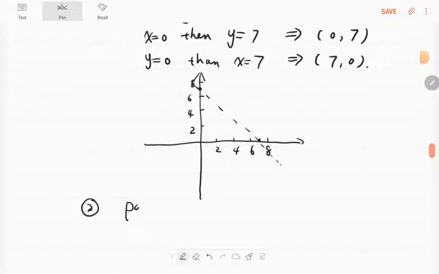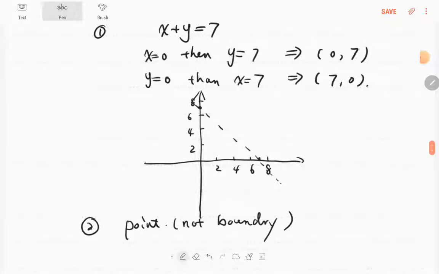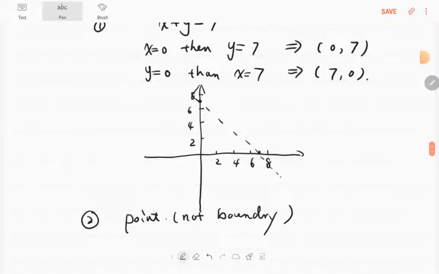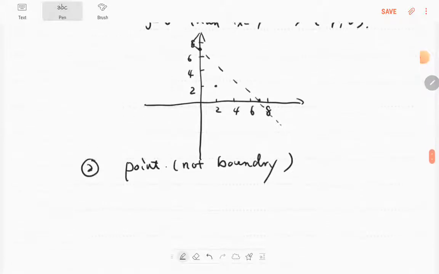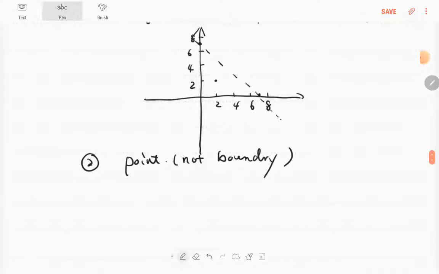Then we move to the second step. We set a point. We choose a point not on the boundary line, so we can randomly pick one. Let's say, I prefer to pick 2, 2. It's not on the boundary line, obviously, right?